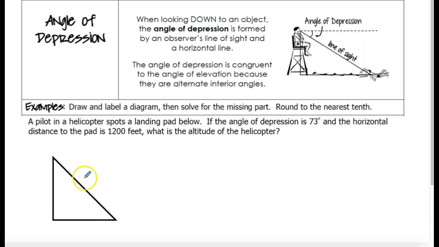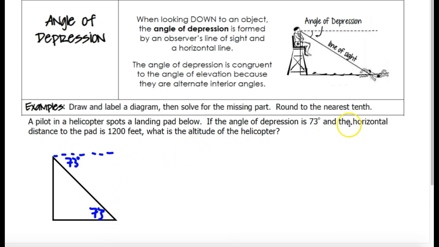So here's our right triangle. Helicopter's up here. Angle of depression, so that means this angle right here is 73 degrees. But again, remember, that means that this angle would also be 73. These two angles would be alternate interiors, so they would be the same.